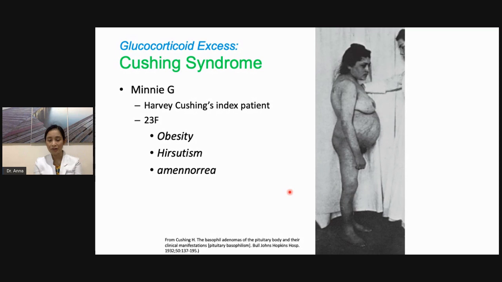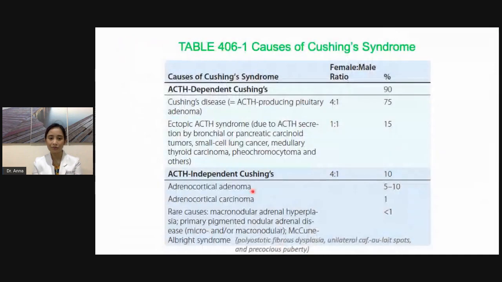When they worked up the patient, she actually had a pituitary adenoma that was secreting excess ACTH. So this was a case of Cushing's disease. Cushing's disease is an ACTH-producing pituitary adenoma, and this is of course under ACTH dependent Cushing's.